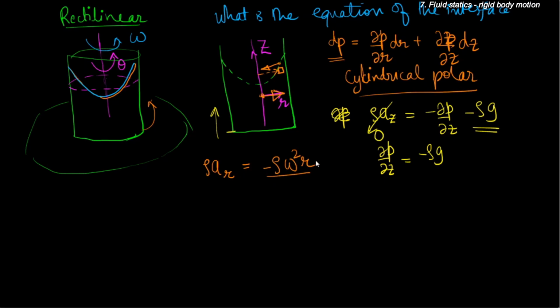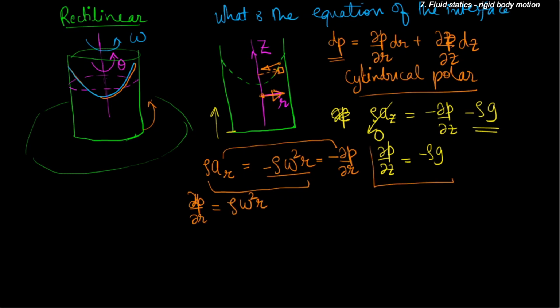So we have this equal to minus del p del r. Fundamentally these two are equal and these two are equal. That is how we have arrived at this expression. Thus we have del p del r is equal to rho omega square r.